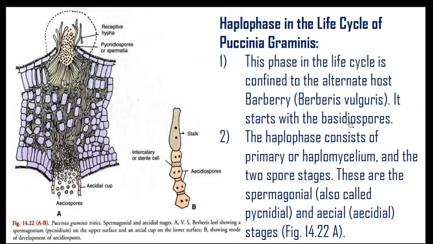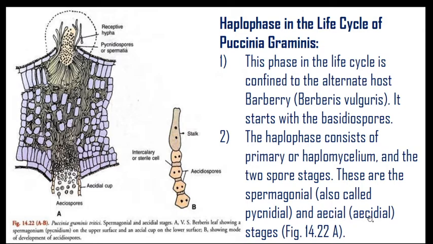It starts with the basidiospores, means the basidiospores are transferred from a wheat plant with the help of wind and are liberated directly on the barberry plant, Berberis vulgaris, and at that time the haplophase consists of the primary mycelium or haplomycelium and two spore stages. These are the spermatogonial, also called pycnidial, and then another one, the aeciospore stage.